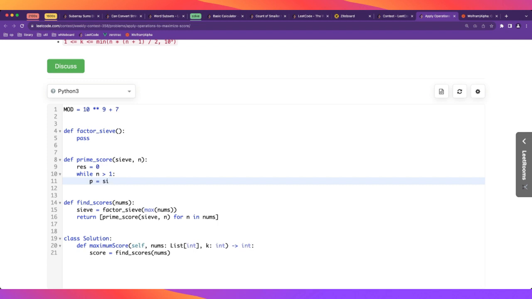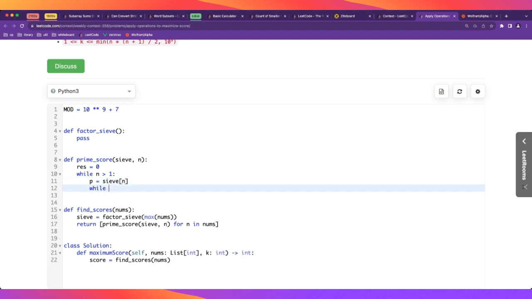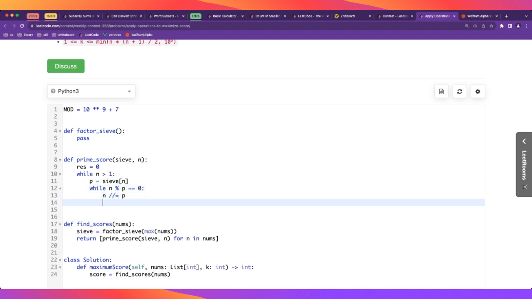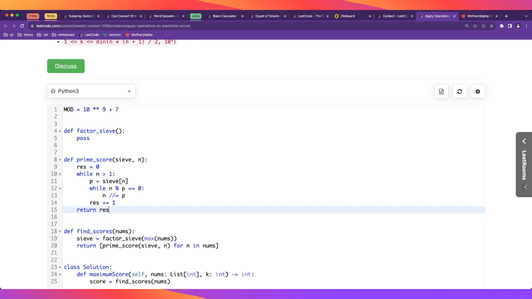So the sieve is going to have, for every number in the range, one prime factor of that number. So that means that we're going to divide as much as we can by that prime, and that's a unique prime because we're going to divide, like I said, as much as we can, and that means that we need to add 1 to the result. And that is it.